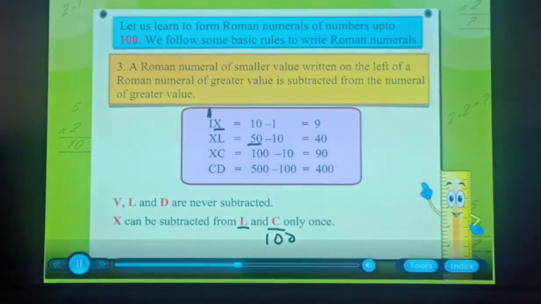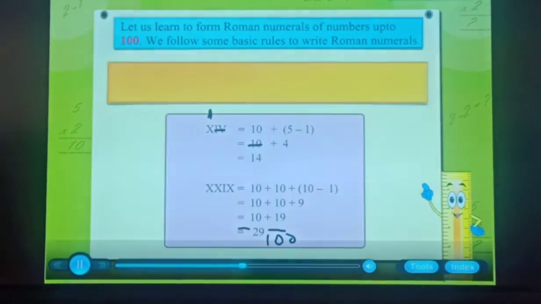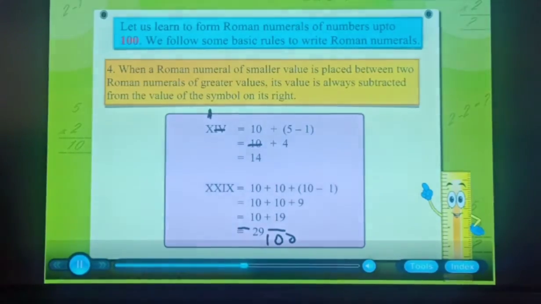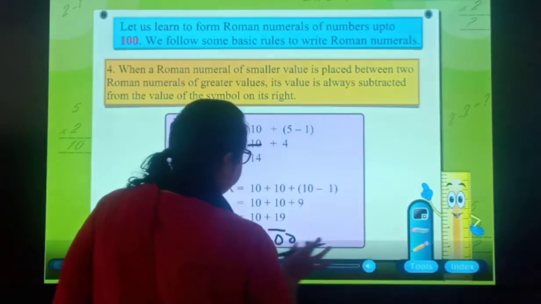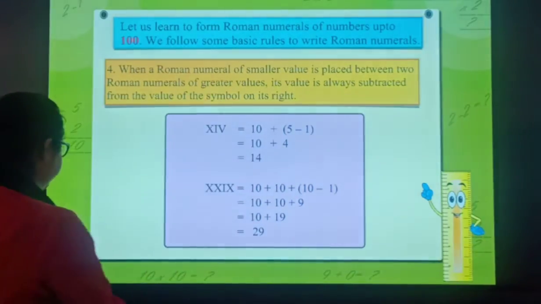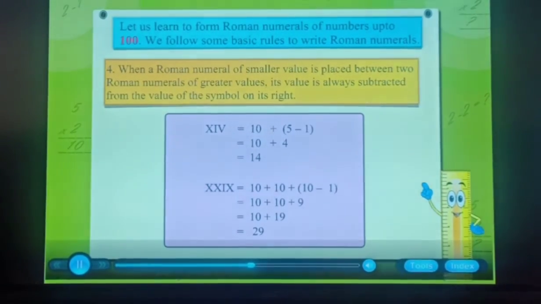X can be subtracted from L and C only once. When a Roman numeral of smaller value is placed between two Roman numerals of greater values, its value is always subtracted from the value of the symbol on its right.